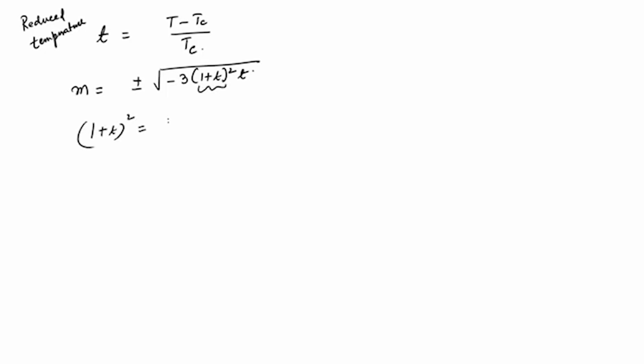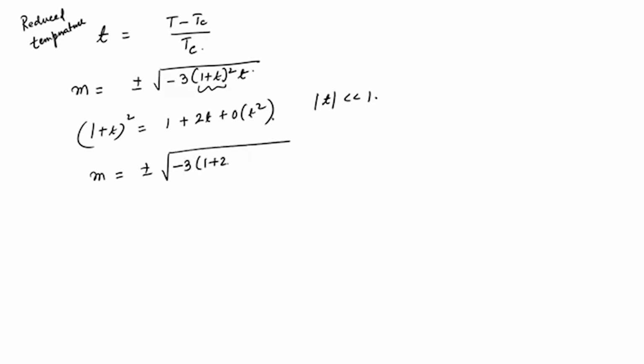If you use 1 plus 2t and neglect all other terms, this is of course valid for t much smaller than 1. So, m becomes equal to plus minus root over minus 3 (1 plus 2t) into t, which is nothing but equal to minus 3t.